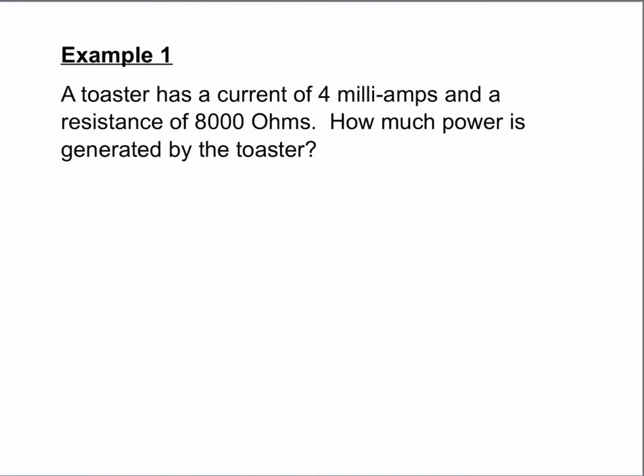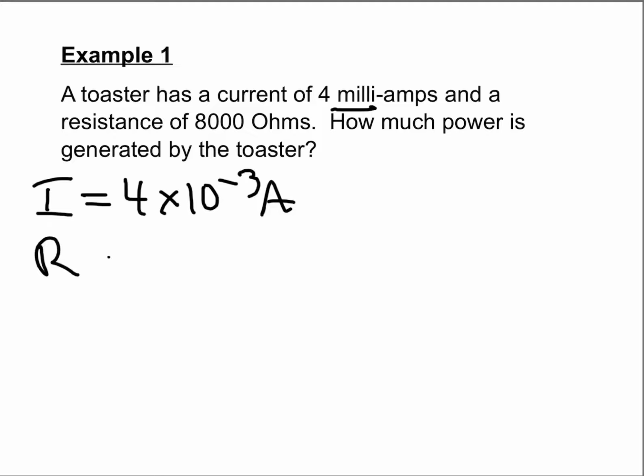Here we have example 1. It says a toaster has a current of, again, milliamps. Remember, I told you that's going to happen often. So we got 4 milliamps, so 4 times 10 to the negative 3 amps, and a resistance of 8,000 ohms. And the question just says how much power is generated by the toaster. So we're looking for power.